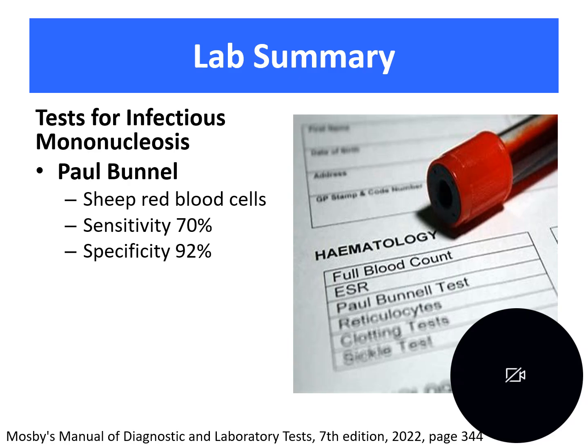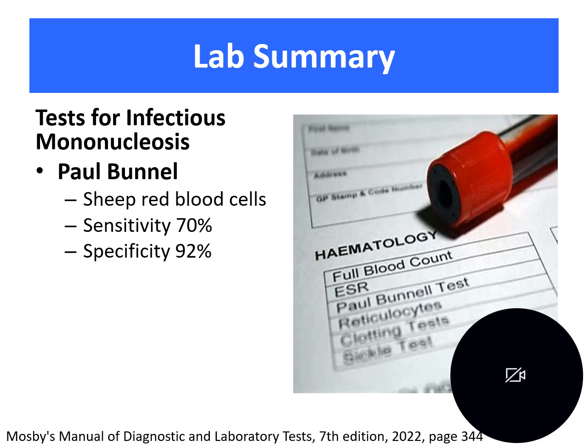Heterophile means, hetero means other than normal, phile means loving. So this particular antibody test uses sheep red blood cells instead of human red blood cells. It has a sensitivity of 70% and a specificity of 92%.